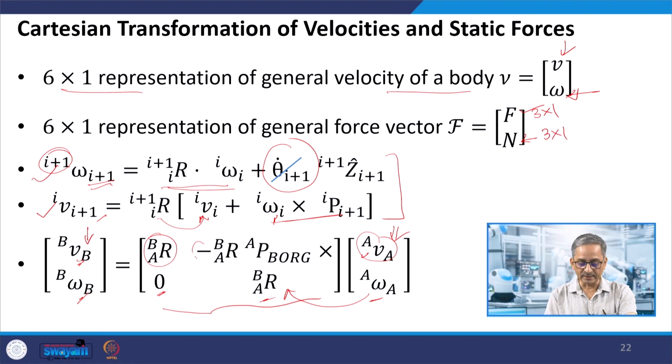I am putting this minus sign here because we need to change the order of the position vector and angular velocity vector, because I have got angular velocity over here. So, I have changed that order, and here I am talking about the B origin location with respect to frame A. So, this way I can get this velocity transformation in the Cartesian space.